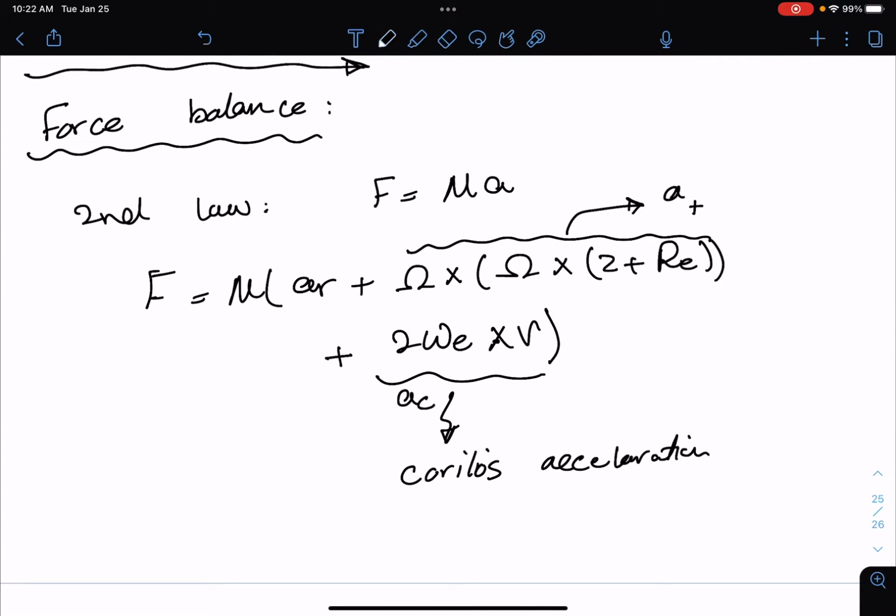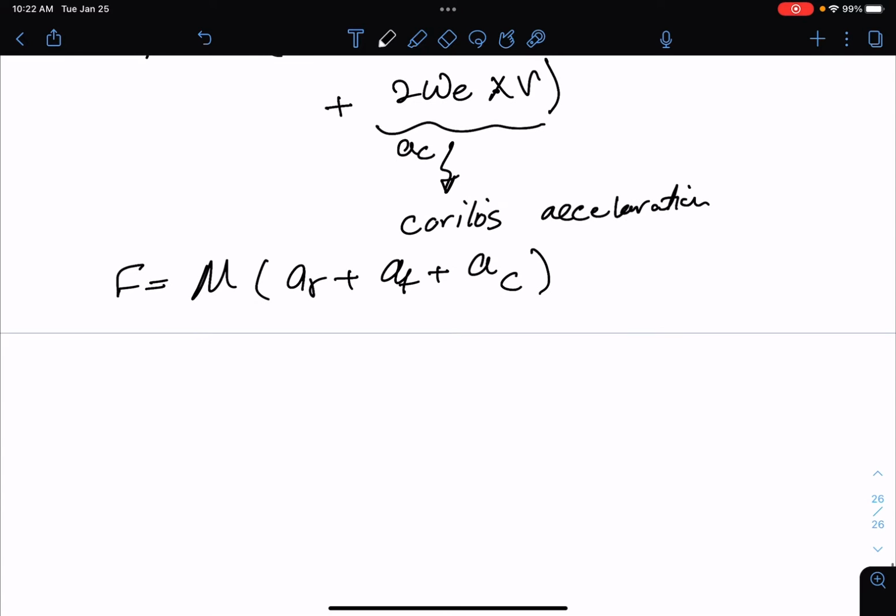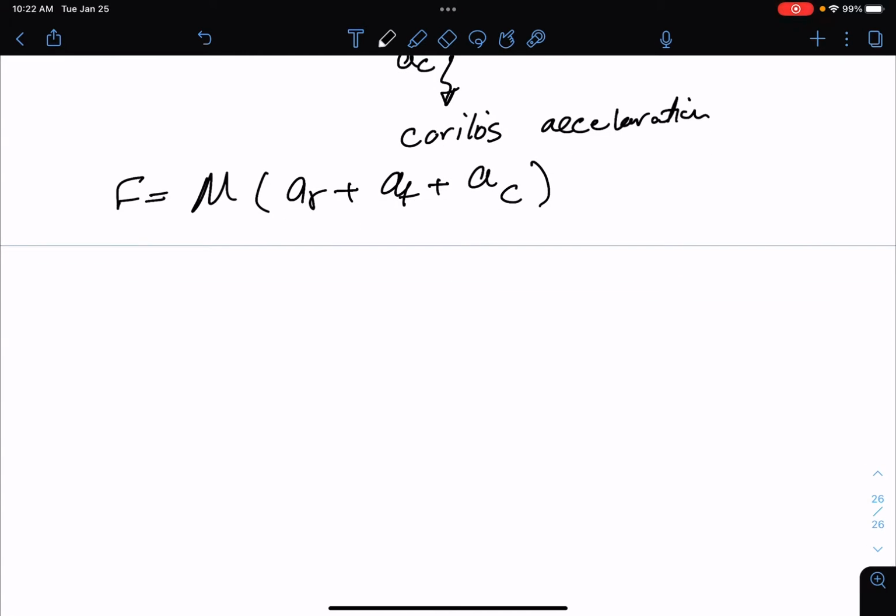So on an airplane, F is going to be equal to your relative acceleration plus the tangential plus the Coriolis acceleration. This is something we have seen before.